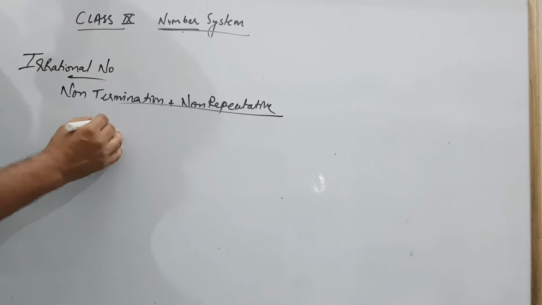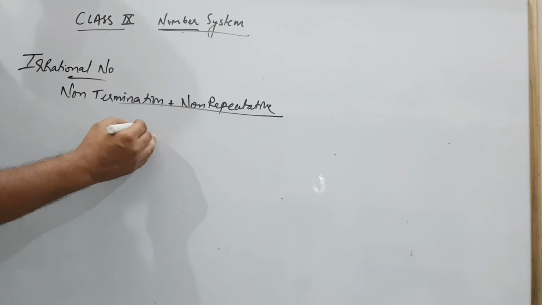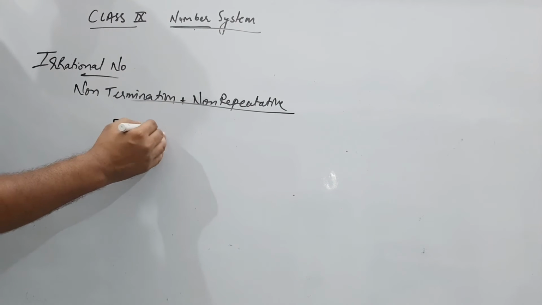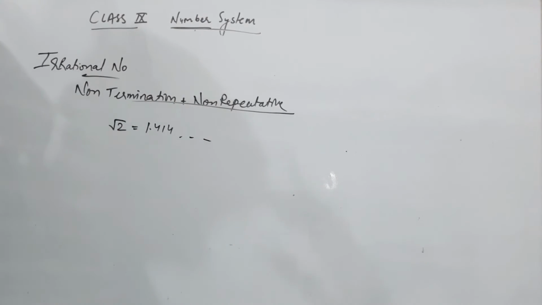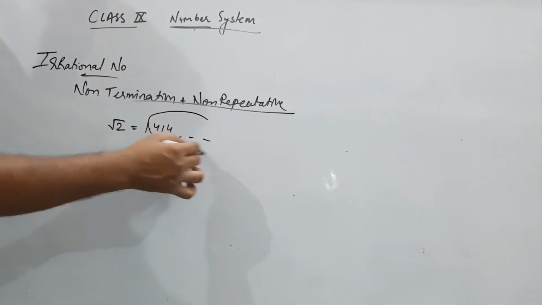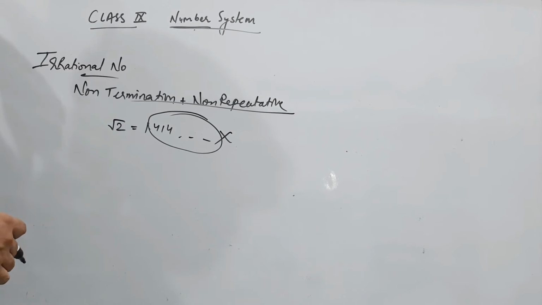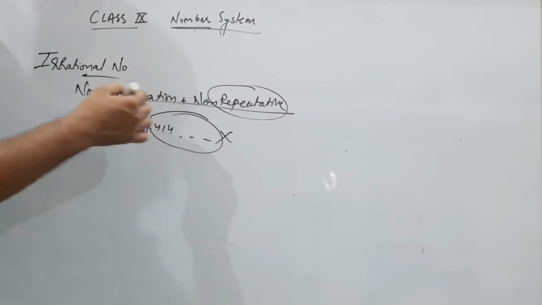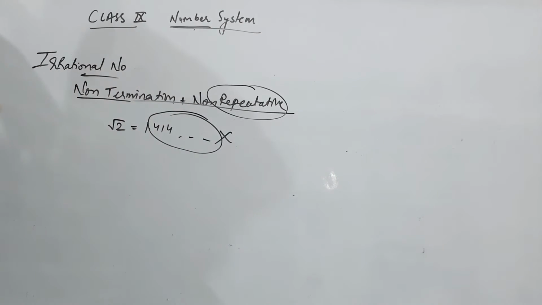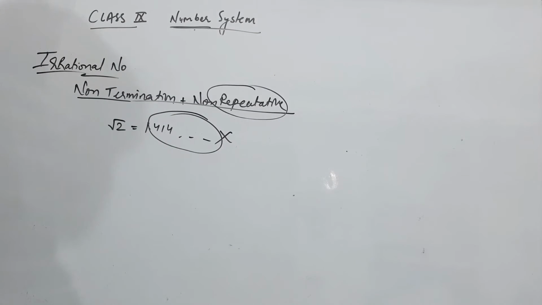It means under root 2. If you have tried by yourself, it gives 1.414 something something something, and this number is never going to repeat. All the numbers which are not going to repeat and are non-terminating come in the category of irrationals.